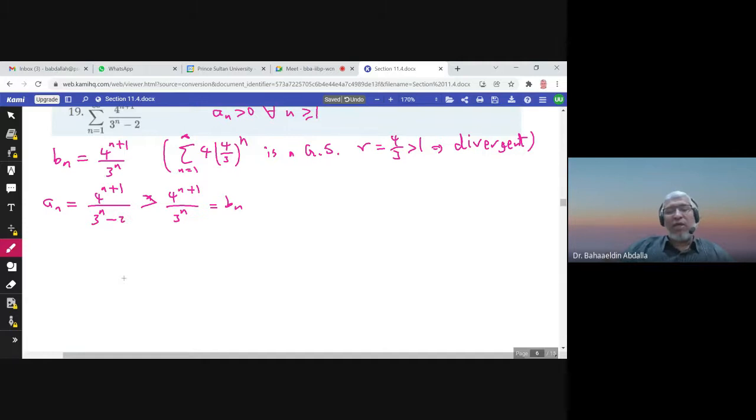So we made the denominator larger. So now this is greater than this. So by the direct comparison test, summation an is also divergent.